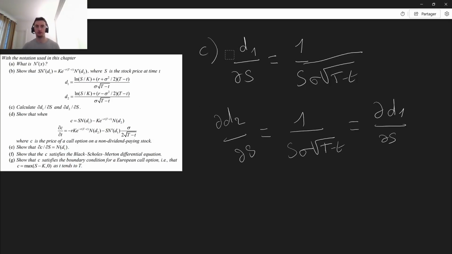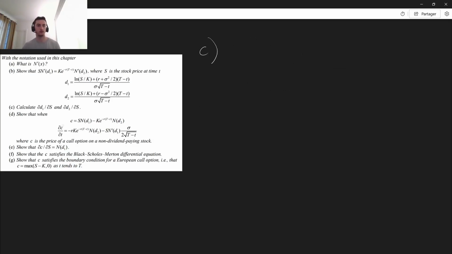Now let's go to the next question. We want to show this, the derivative of c with respect to t. This one will be a little harder because both d1 and d2 depend on t. So we will use the chain rule, and this can be written as s, then n prime of d1, times the derivative of d1 with respect to t.